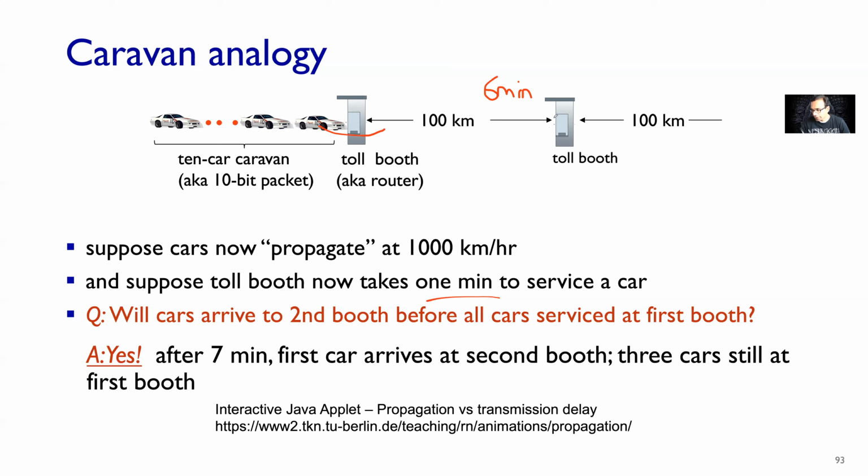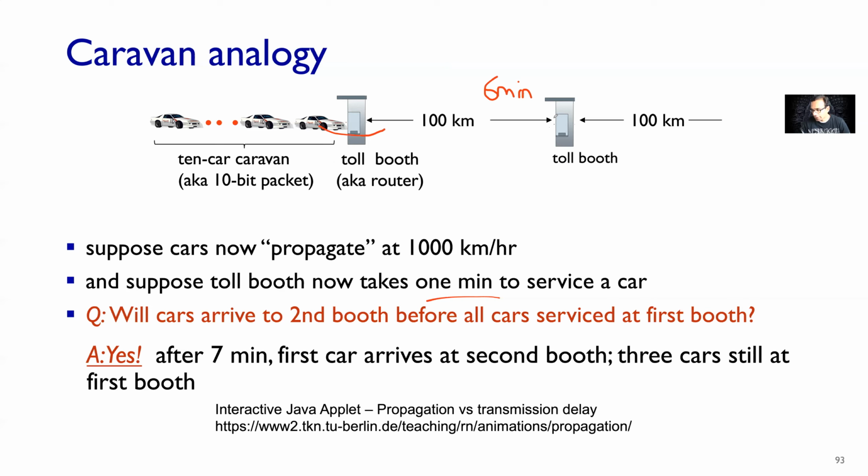So imagine this is now an undersea cable or something like that, 1000 kilometers. So you'll see it takes quite some time for the packet to actually propagate, simply because of the physical distance between the two endpoints, right? And the transmission time is very small compared to the propagation delay, right?